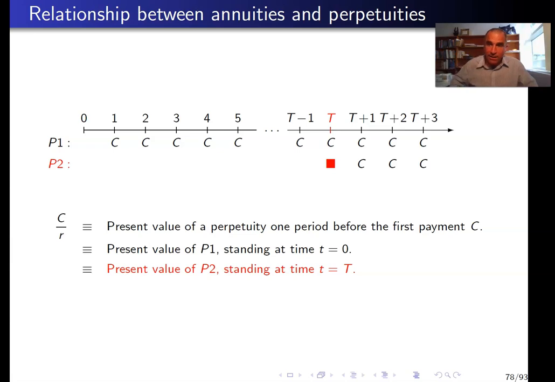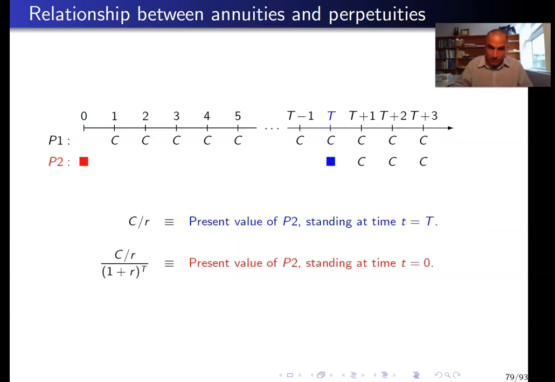So when I'm standing at time capital T, the present value of P2 is C divided by r, the perpetuity equation. Now I want to compute a present value as of time 0, so I need to calculate the present value of P2 as of time 0. Since C over r is the present value of P2 when I'm sitting at time T, the present value of P2 when I'm sitting at time 0 is C over r discounted over T periods.